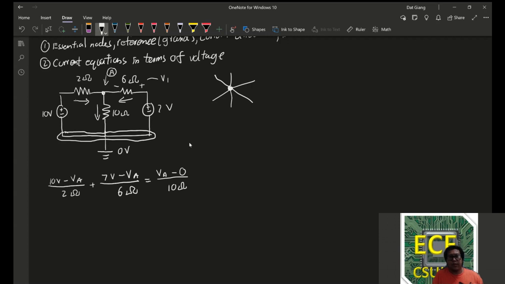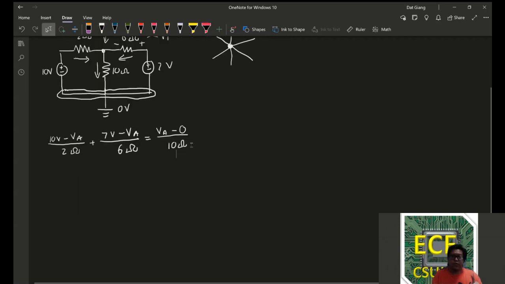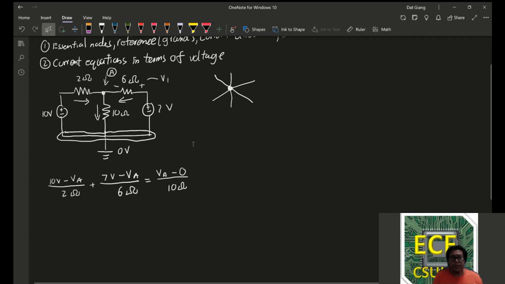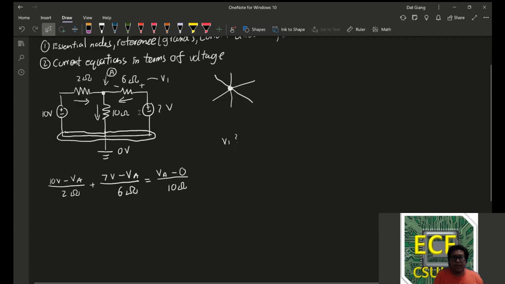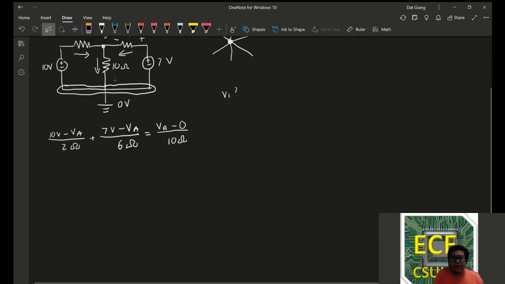Now, luckily, we only have one essential node. We don't actually need to solve for many essential nodes. So now we actually can probably ask the question, what is V1 equal to? Well, if we take a look at it, V1 looks like it's just the difference between 7 volts and VA.